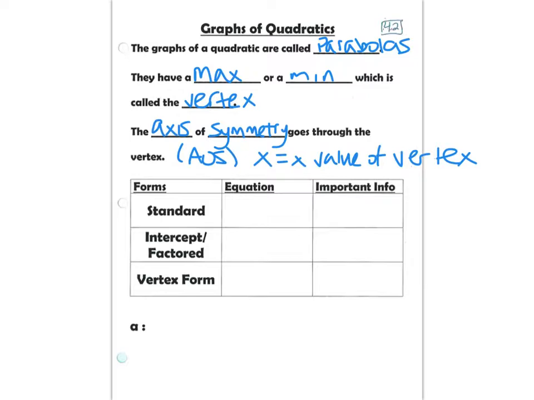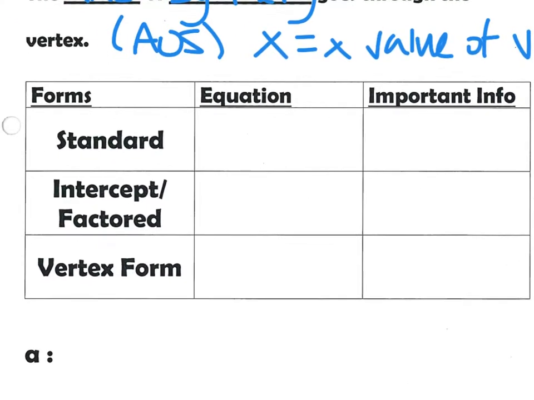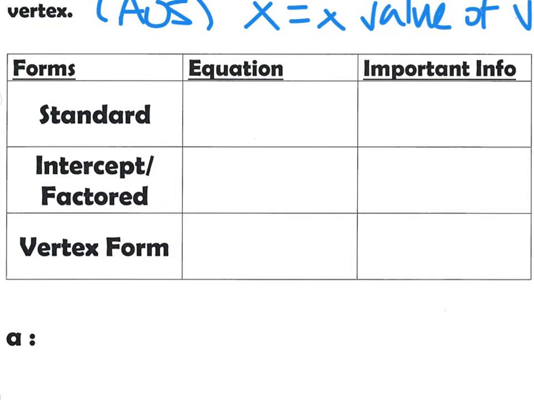All right, so when we do these equations, there are actually three different forms of my parabola that each tell me different things. So my standard form equation looks like y equals ax squared plus bx plus c.